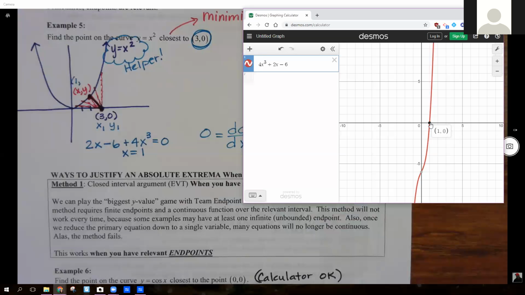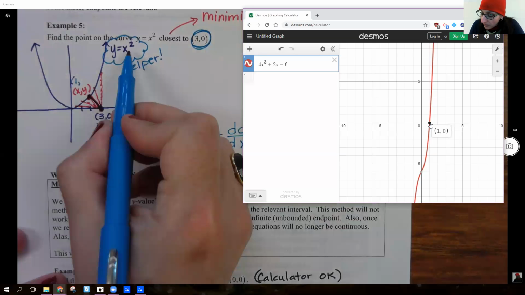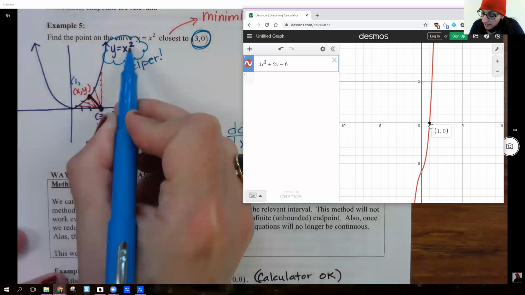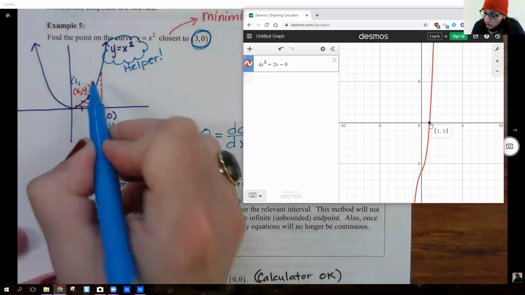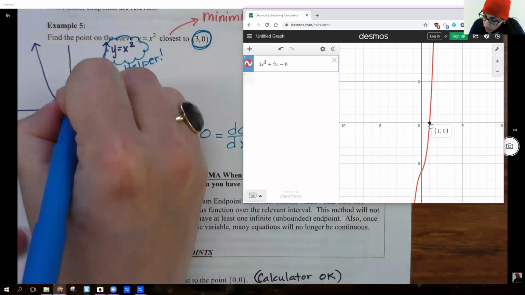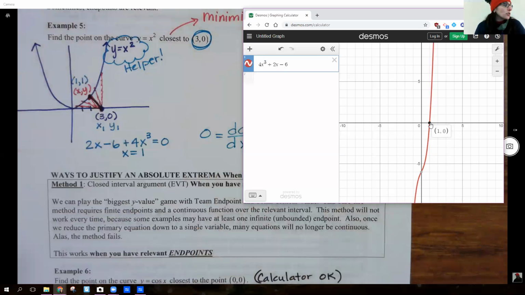You square it. Yeah, put it in here, right? Put the 1 in right here because it's on a parabola. So 1 squared is 1. So the closest point to 3, 0 on that parabola is the point 1, 1.